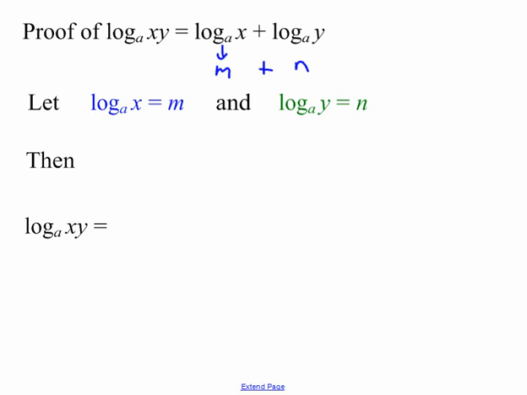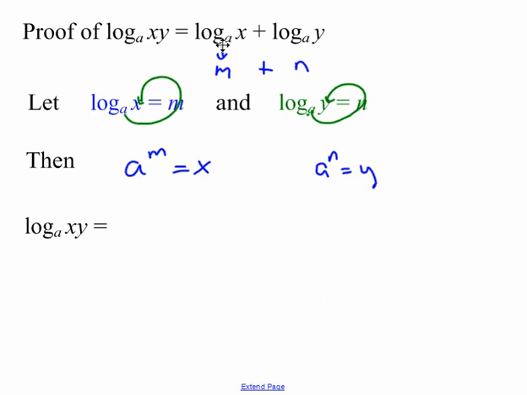If I know I have it in logarithmic form, I can change it to exponential form by looping it. The base of my log to the m equals x. The base of my log becomes the base of my exponent to the n equals y.